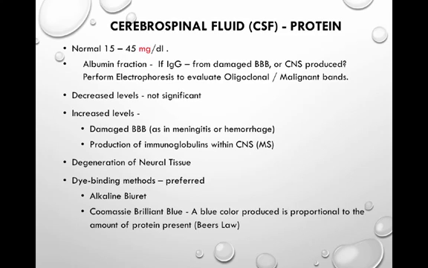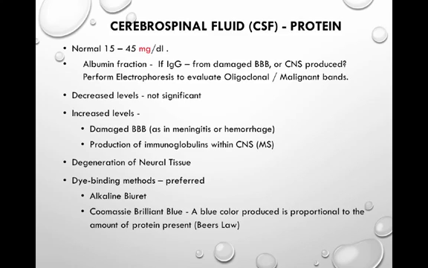Protein electrophoresis is going to be important here, and it is one method used to identify the presence of an oligoclonal band, meaning few or small clone, or a malignant band. Decreased levels of CSF proteins aren't typically significant.